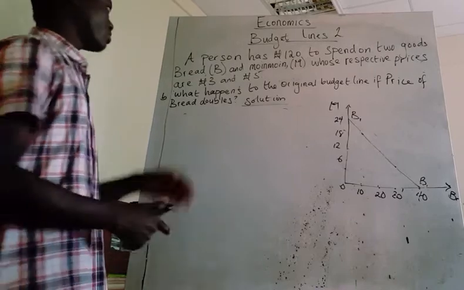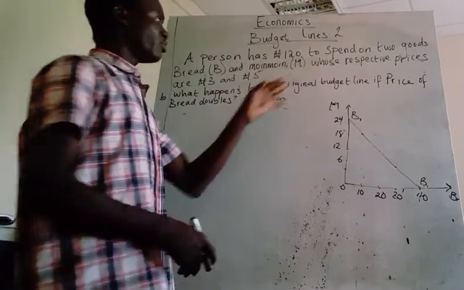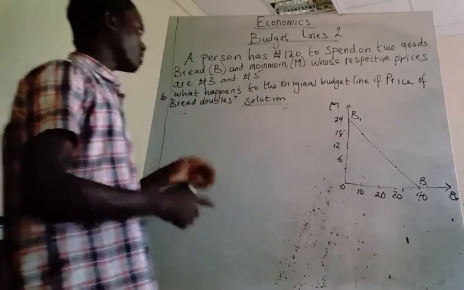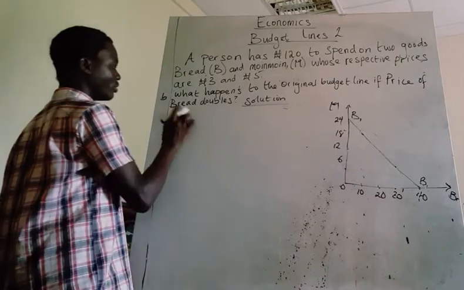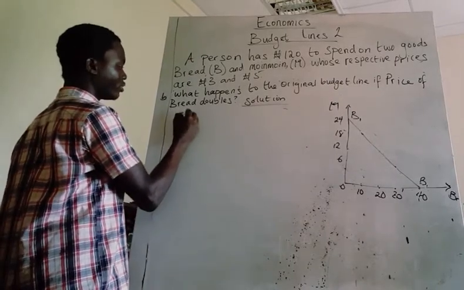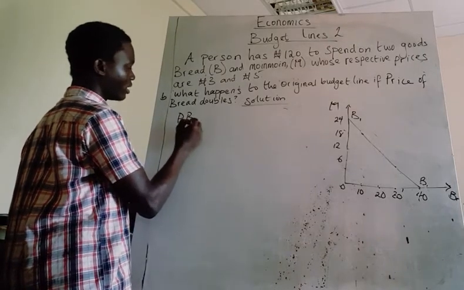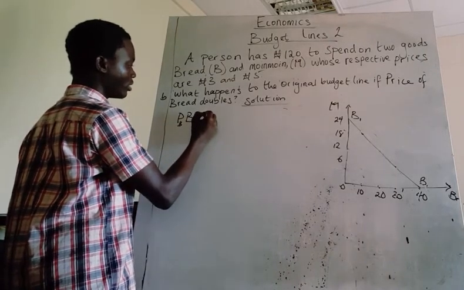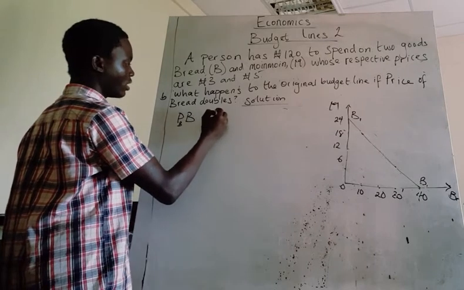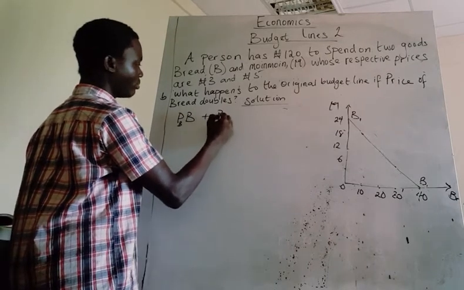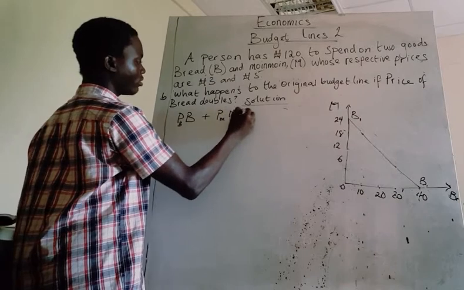Our next question says: what happens to the original budget line if the price of bread doubles? Initially we had the price of bread, PB times bread, plus PM times moi moi, equals y.